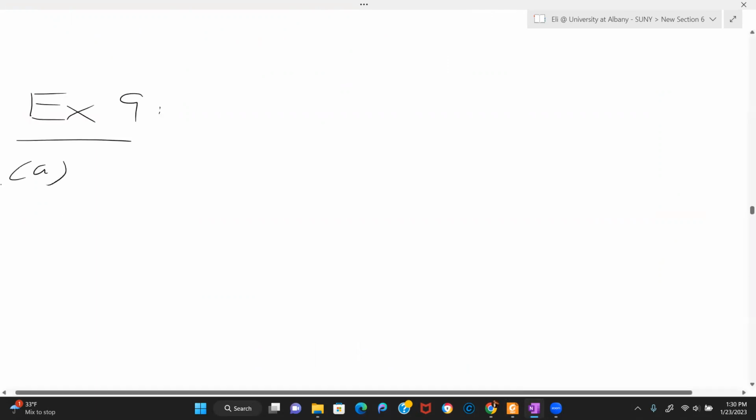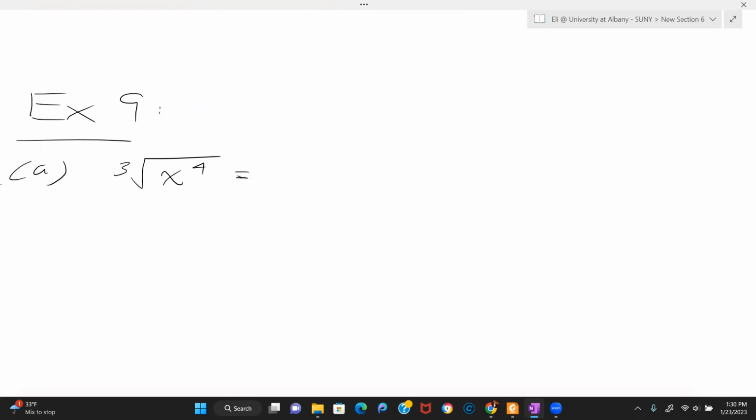So this is example 9 in the book, part A. We want to take the cube root of x to the fourth. The easiest way to do this is, if you have x to some number and you're taking the cube root, you want to remove as many multiples of 3 from that exponent as possible.